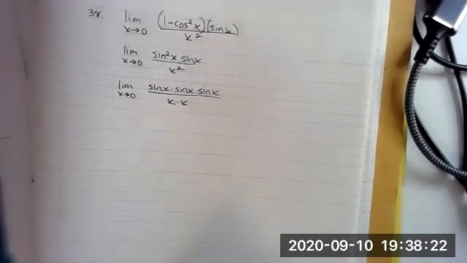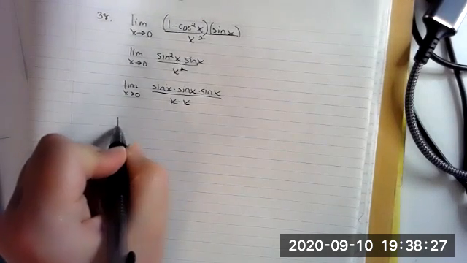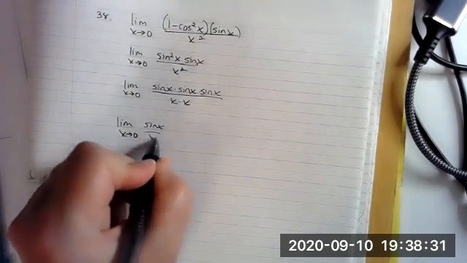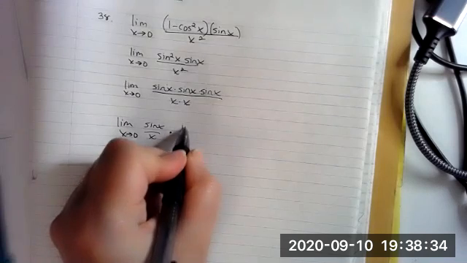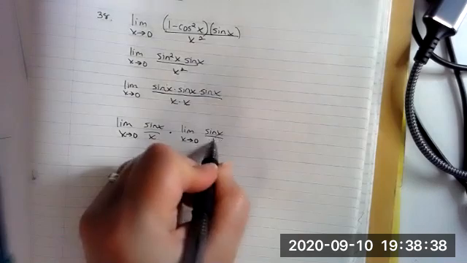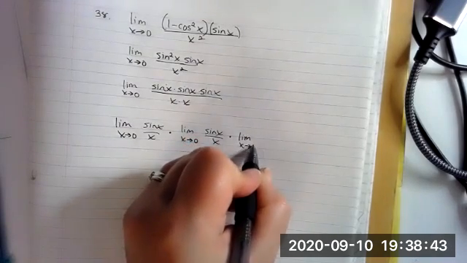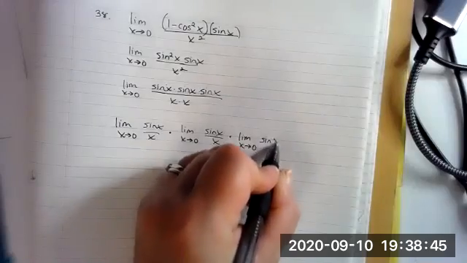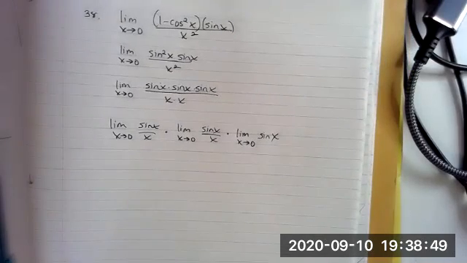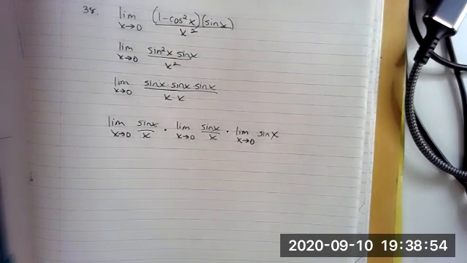Another way you can look at that is the limit as x approaches 0 of sine of x over x, times the limit as x approaches 0 of sine of x over x, times the limit as x approaches 0 of sine of x. This is what's so great about our limit properties that were on that slide from September 9th: we can use them to our advantage.